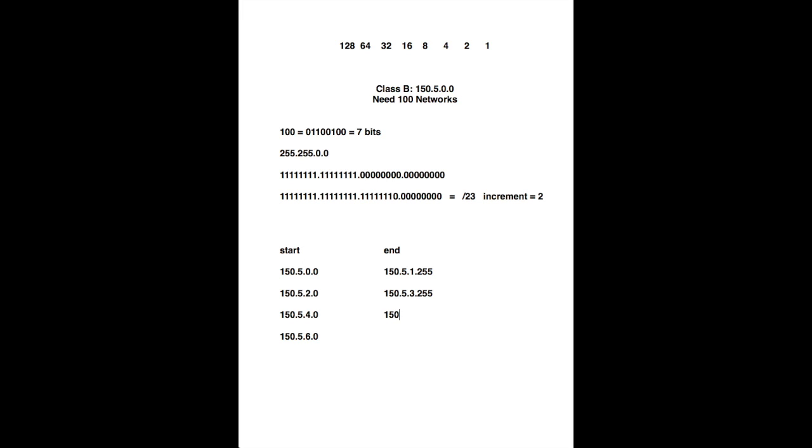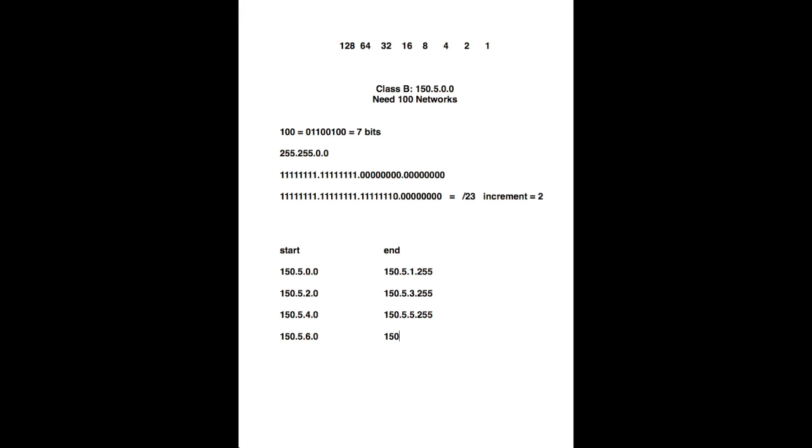You're starting to see a pattern, I hope. Dot 4. Sorry, dot 5. Because remember, the highest number we're going to get there is going to be 5, because we can't go to 6, and it's going to be dot 255.